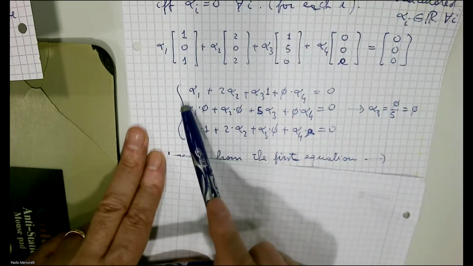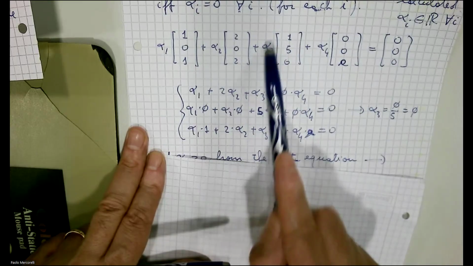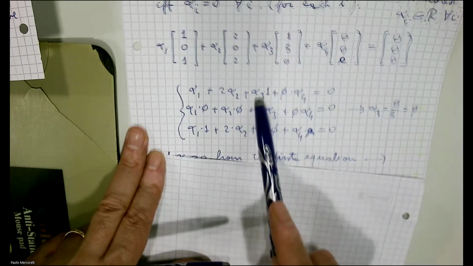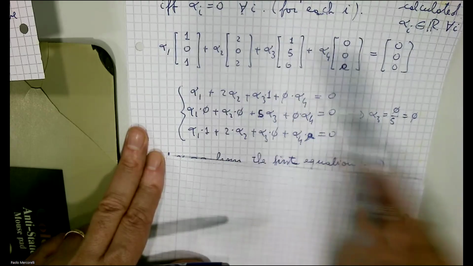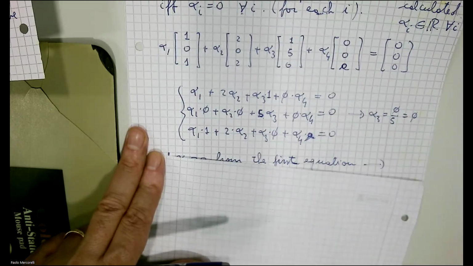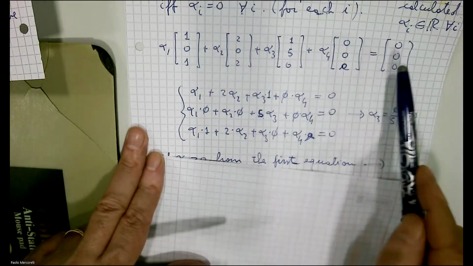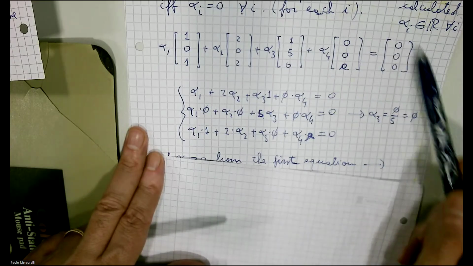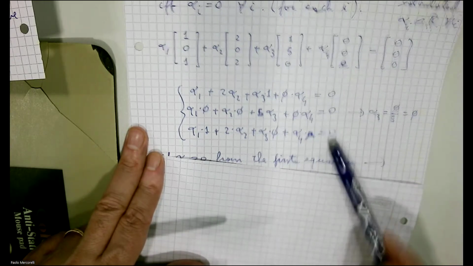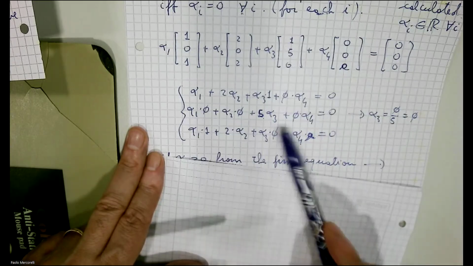Alpha 1 plus 2 times alpha 2 plus 1 multiplied by alpha 3 plus 0 alpha 4 equals 0. By the identity principle, I add the corresponding components and put them equal to the corresponding component, 0, 0, 0. And what about this expression here?